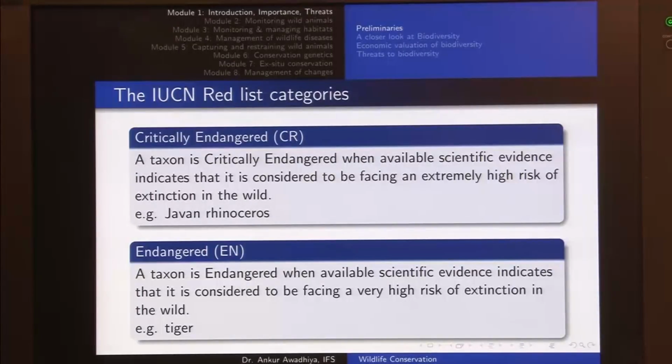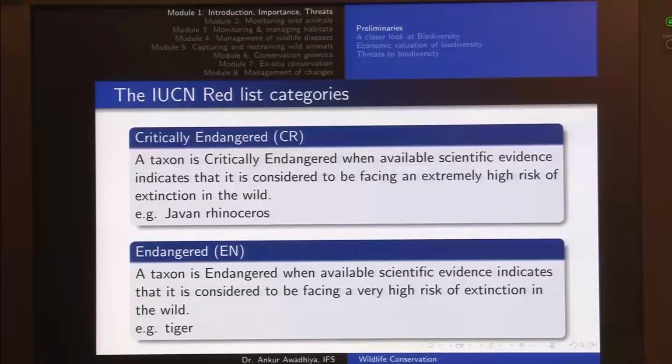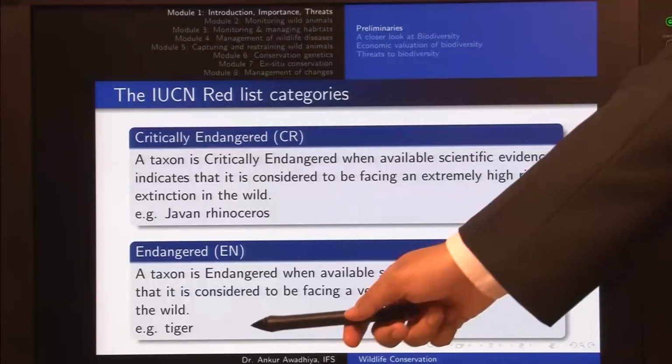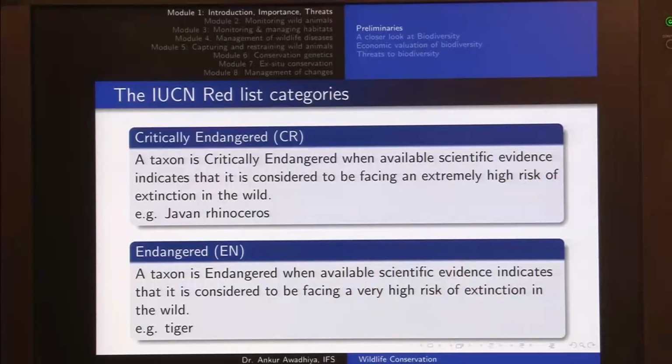So, there are categories that would show that if the number of individuals left is so and so, if in the past n number of years the population has gone down by this percentage, then it would be put into such and such category. So, those numbers are well defined, but for this course we are only going to look into the definitions. So, a tiger would be a species that is endangered.